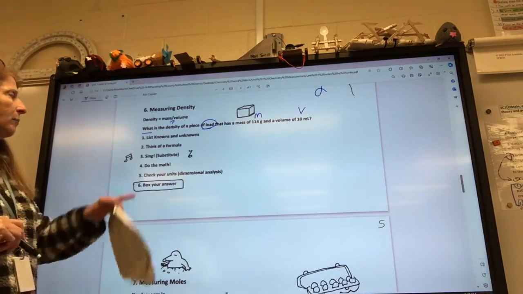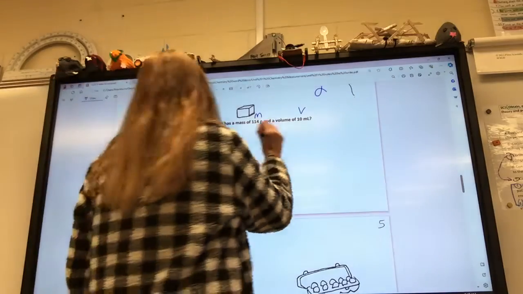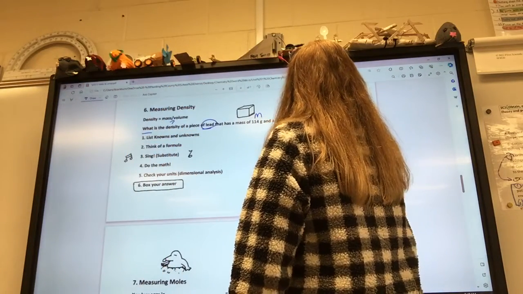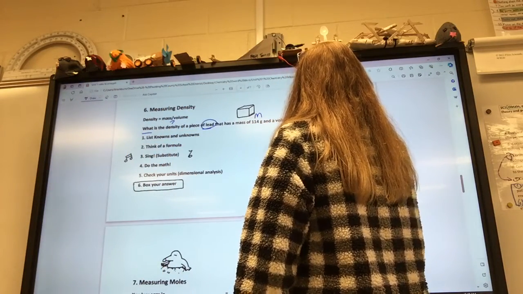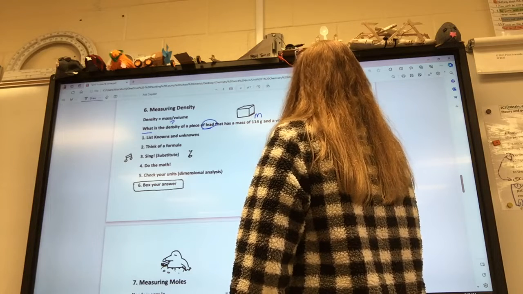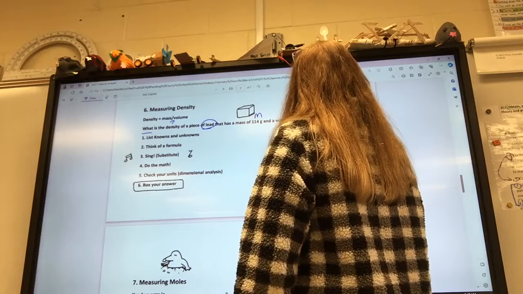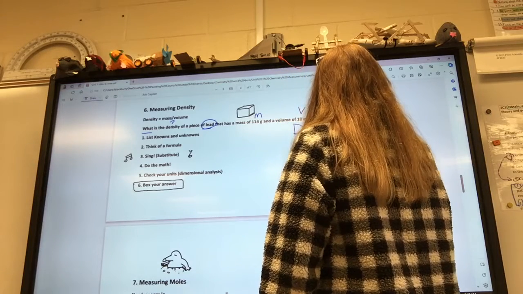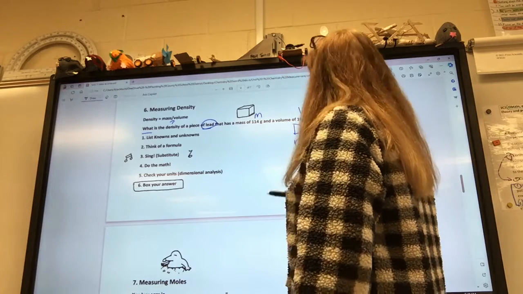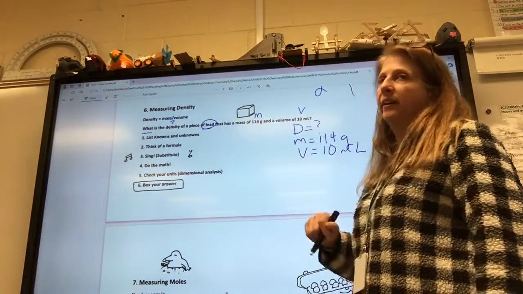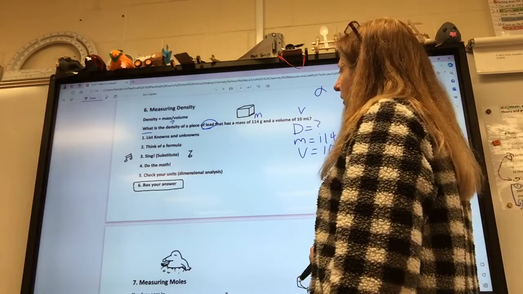Next, I'm going to list the knowns and unknowns. What I don't know is what density is. I do know what mass equals. It's 114 grams. I do know what the volume is. It's 10 milliliters, okay? And lead, I've decided now is unimportant. It might be important later.